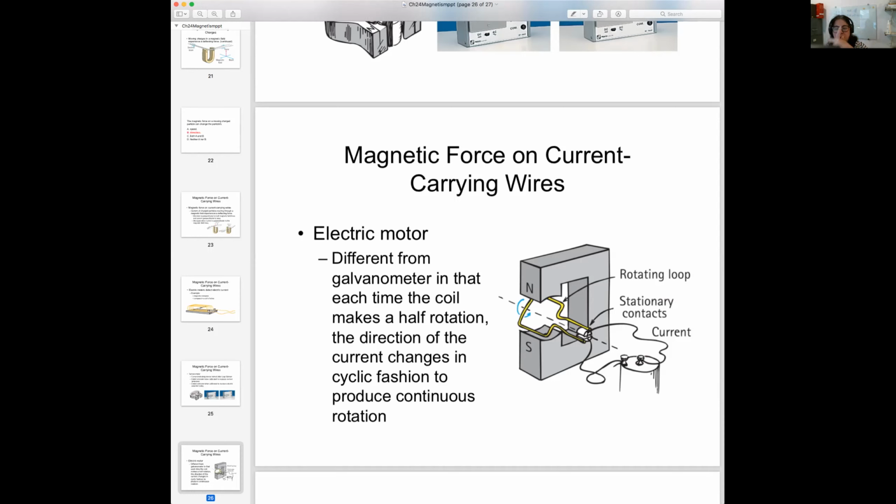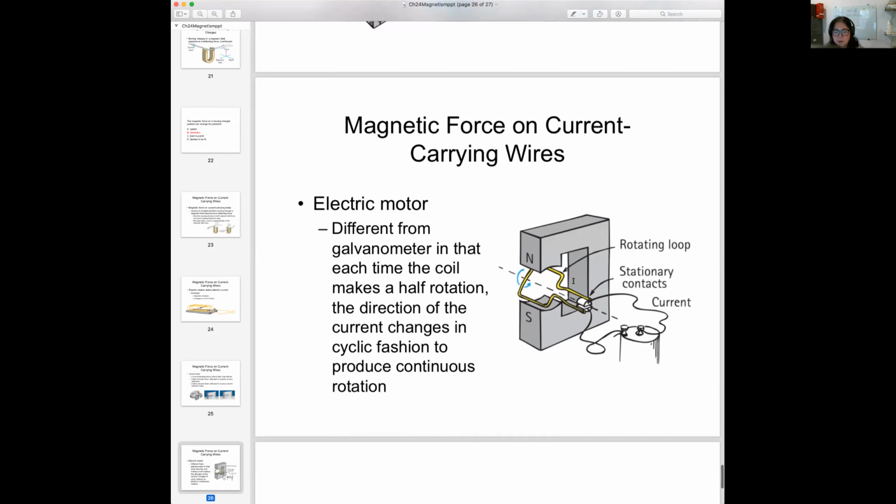That's why it can keep rotating. Otherwise it would go like this and wouldn't pass there. That's the clever engineering of the slit. Using magnetic force, the electric motor converts electrical energy into mechanical energy.